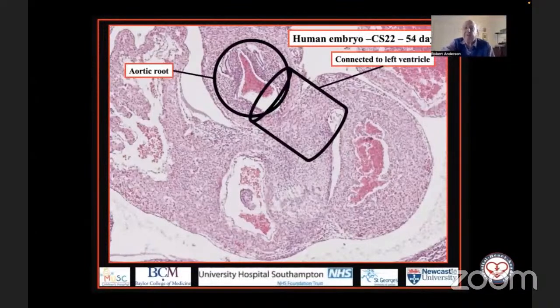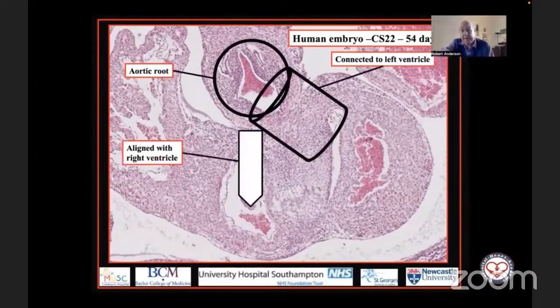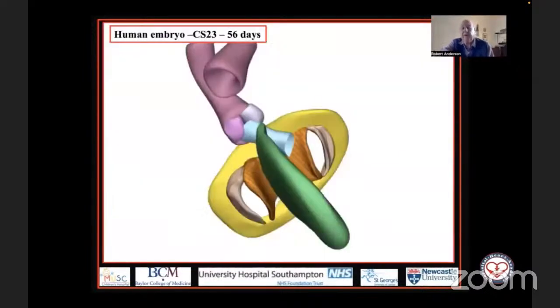Now its cavity belongs to the left ventricle. But, key point, although the aortic root is now connected to the left ventricle, it is aligned with the right ventricle. And I can show you that equally well when we take the interactive PDF file that Jill and Wout have prepared for the final stage of embryonic development.